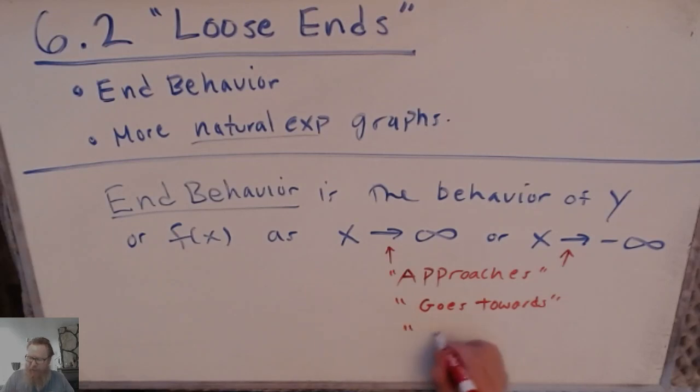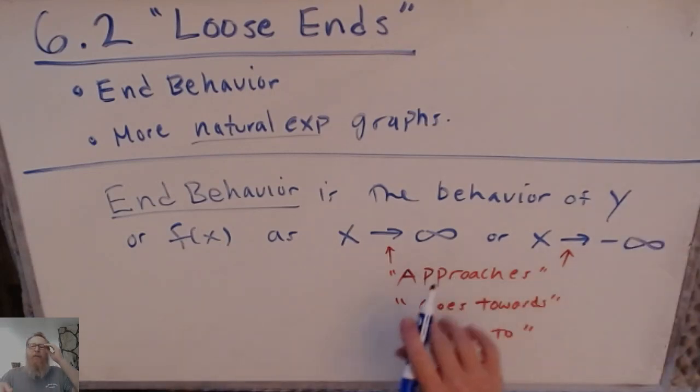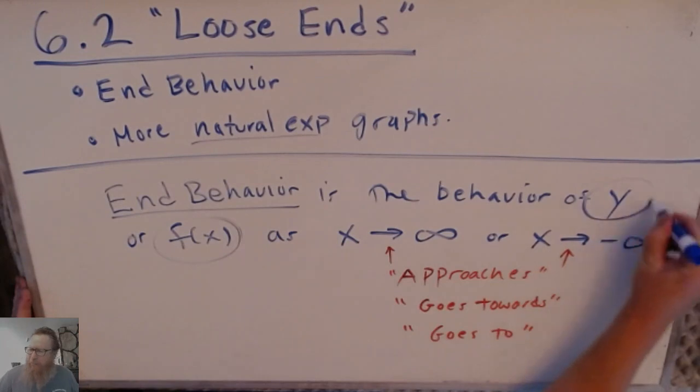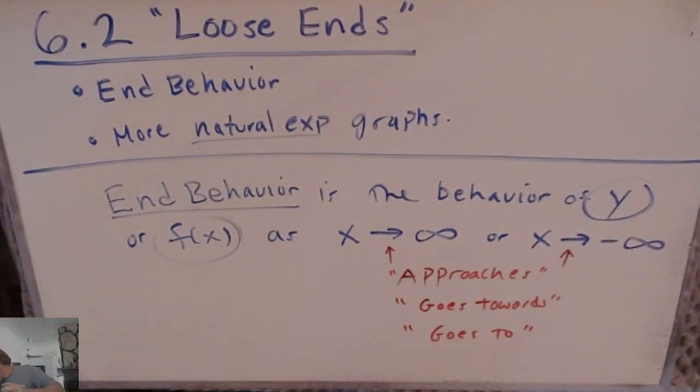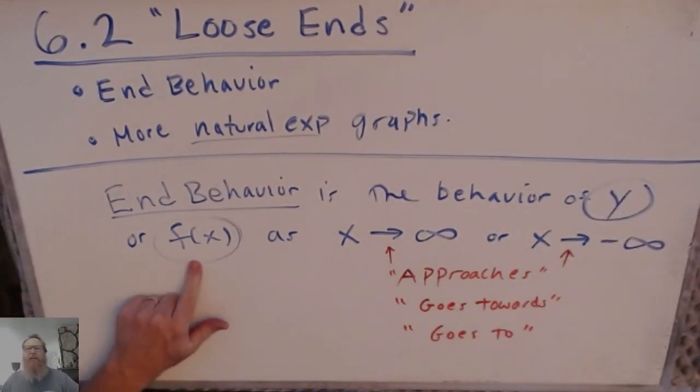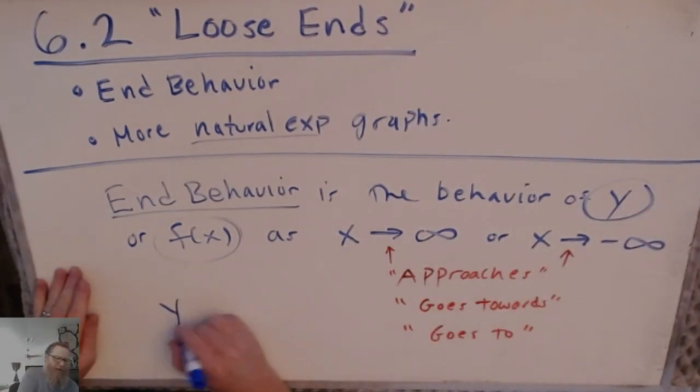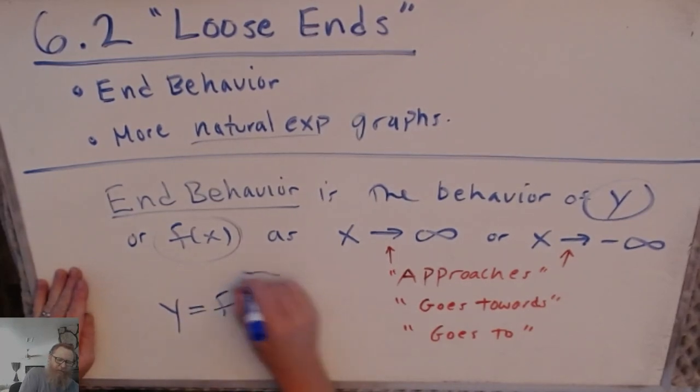Or you could just say goes to. So basically, end behavior is asking a question about what's happening to the y value, or what's happening to the f of x value. Remember, y and f of x mean the same thing. Okay, y is f of x.